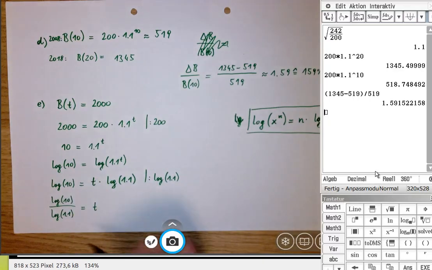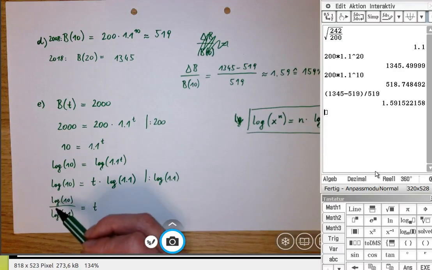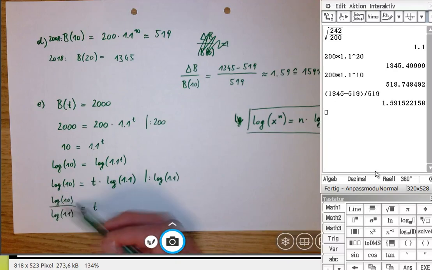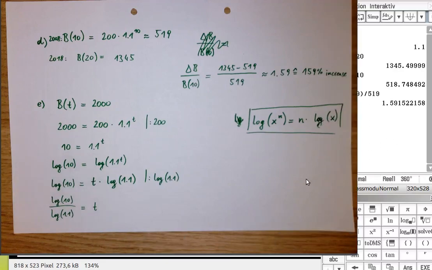Please don't try to cancel out the logarithms here. That's not a multiplication where you could cancel something, but that's two logarithm functions. By the way, it doesn't matter which logarithm you take. Oh, sorry. You cannot really see all of this rule. I'm very sorry.